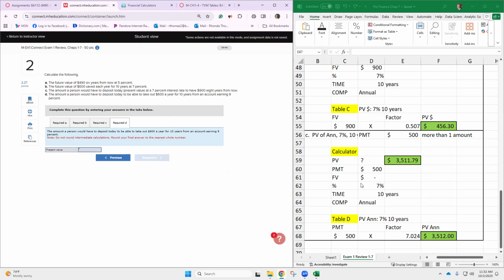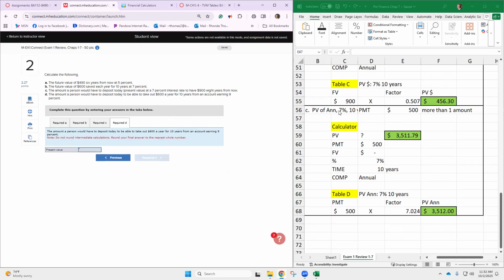Last one, the very last one is a present value of an annuity. I've got 9% in 10 years. Okay, we want to be able to take out $600 each year for 10 years, right?